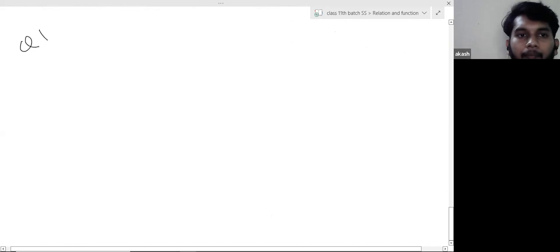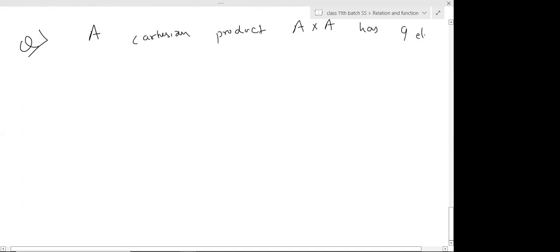Let's solve one question. This question is for you guys to solve. A Cartesian product A cross A has 9 elements, among which are found -1 comma 0 and 1 comma 0. Sorry, 0 comma 1.